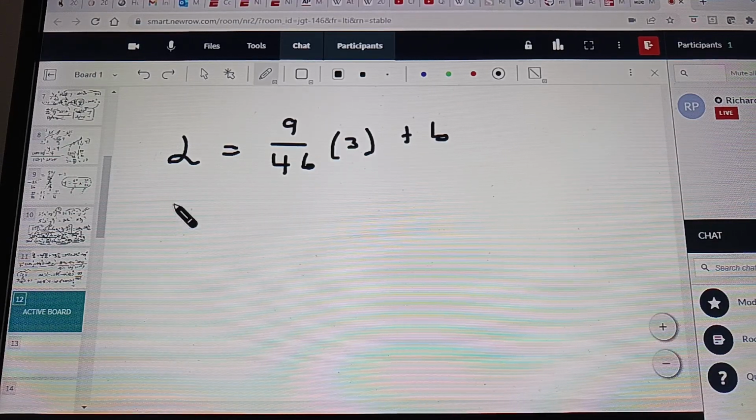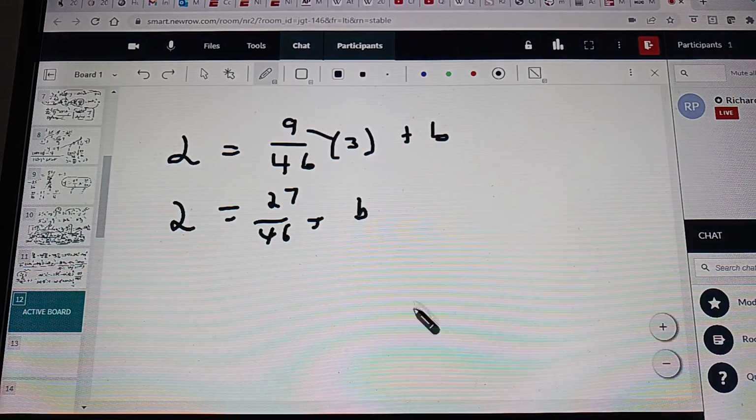When you do a fraction times a number, you just multiply the top. 9 times 3 is 27. And then you can subtract 27 over 46 from each side.